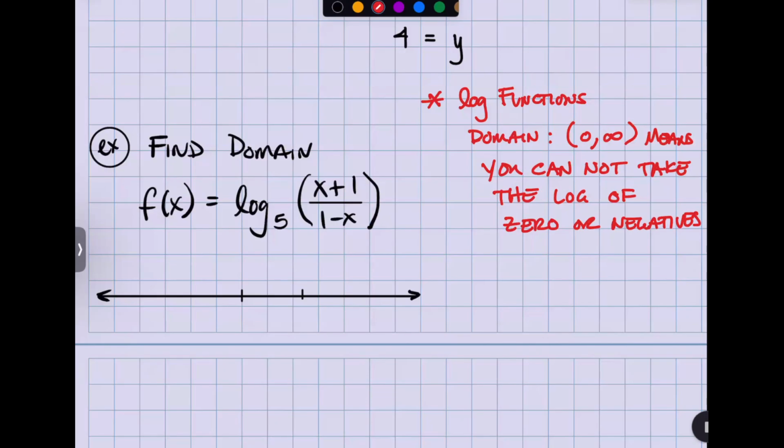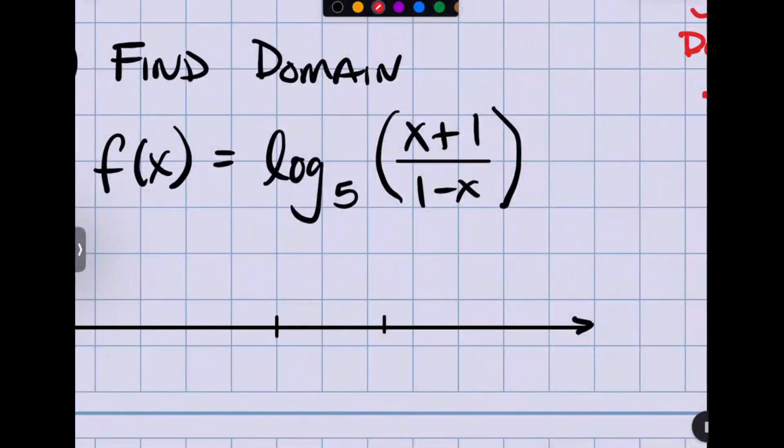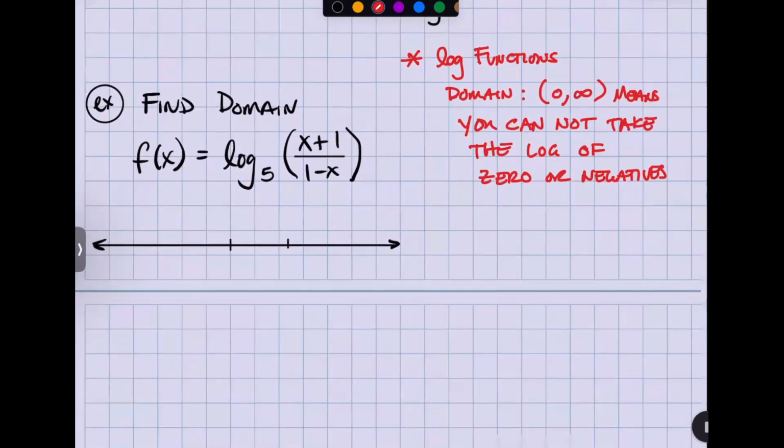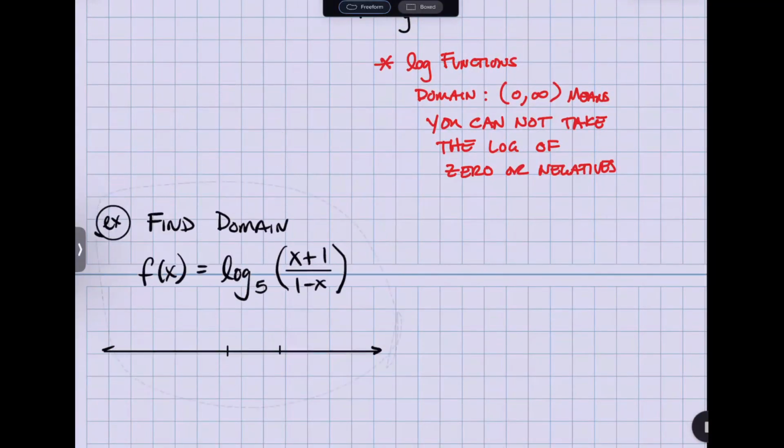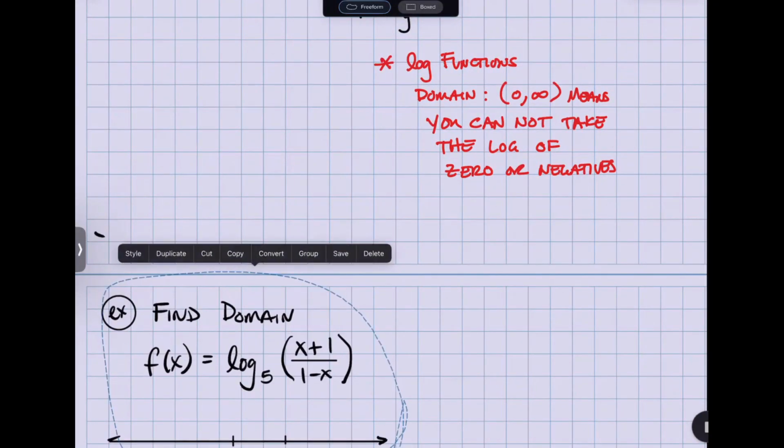So here, when you look at this, there's actually 2 restrictions that I've got to look at, right? What's one of them? So, okay. Here's what they're saying.